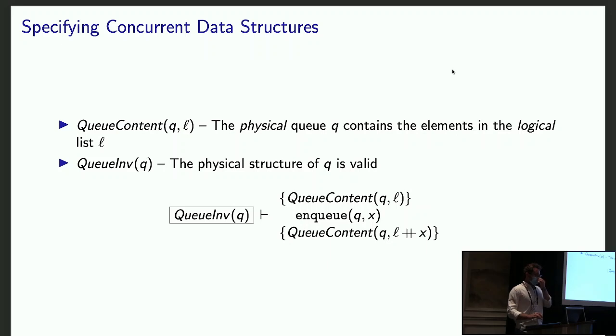And putting this all together, we can specify concurrent data structures. So if we create this predicate Q content that says the physical value of the queue contains the elements in the logical list L, and this invariant, which defines what it means to have a valid physical structure of the queue, then the specification might look like, subject to the queue invariant: if we start with a queue containing the elements L, and we enqueue x, then we end up with a queue that contains the elements of L with x appended to the end.